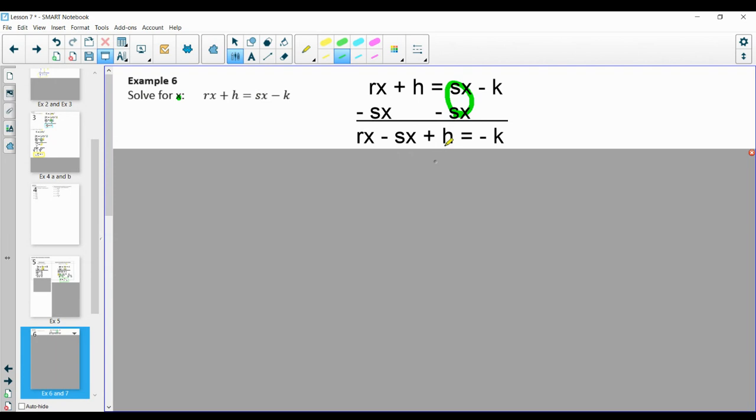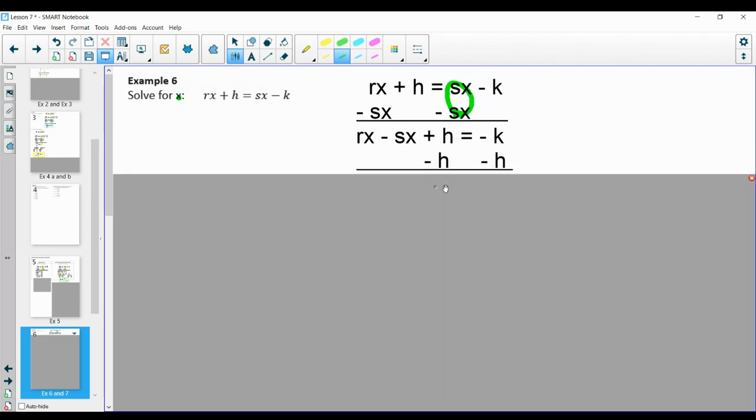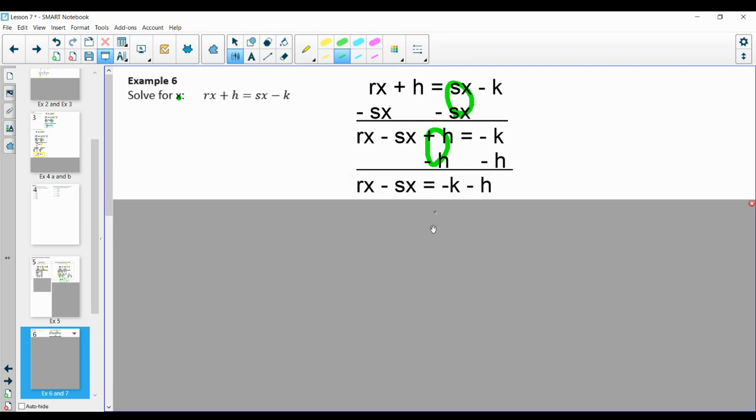How do I get rid of plus H? I hope you agree, I'm going to minus H from both sides. Once again, I've created a 0 pair by doing that. So I now have Rx minus Sx equals negative k minus H.